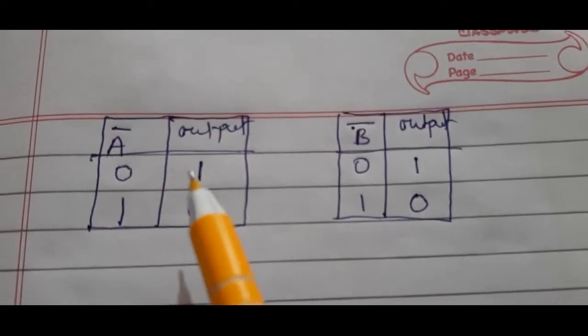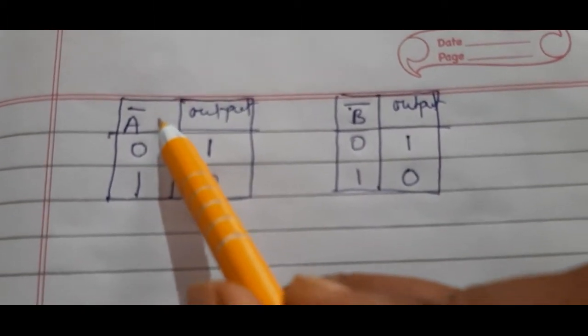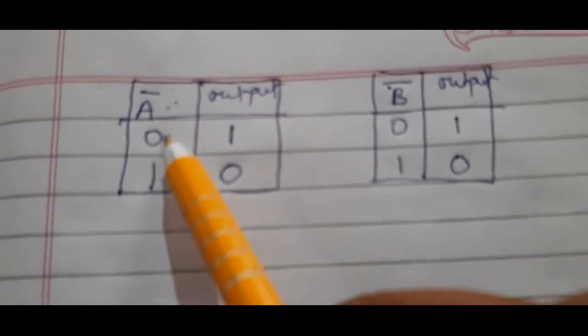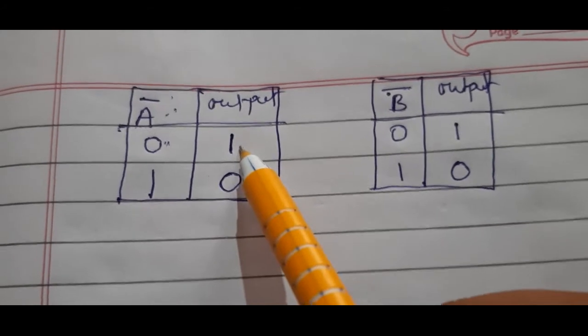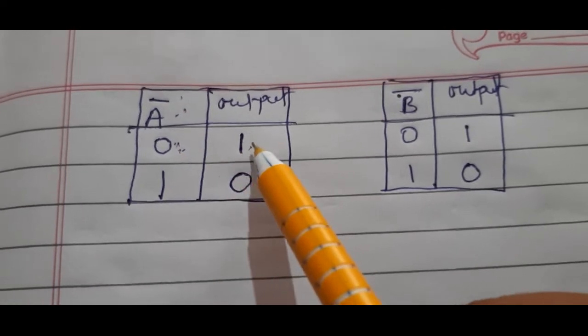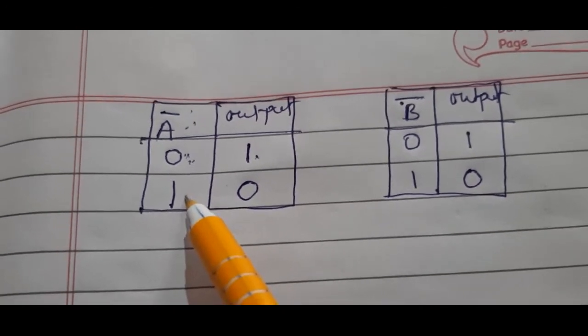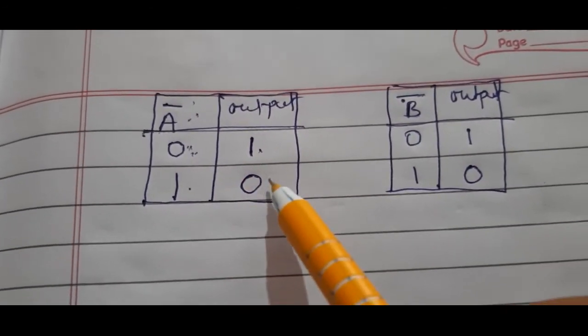So let's see the truth table for NOT logic. As I told you, only one circuit can pass through the NOT logic. So NOT A, because this is one input, the possibility is only 2, either it is on or off. If it is off, then because it is the NOT table, the output will be positive. And if the input is on after giving the NOT, the output is negative.